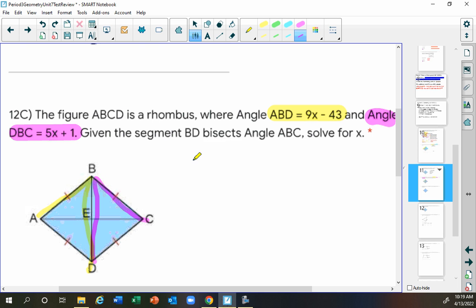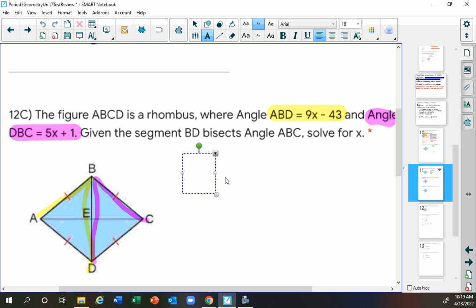So what do we know about the relationship between angle ABD and DBC? Congruent. That's right. That's exactly how we're going to do the setup. Well done.